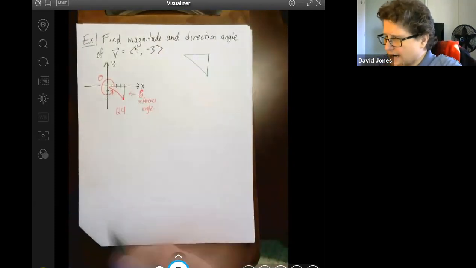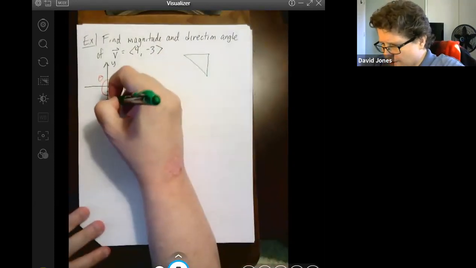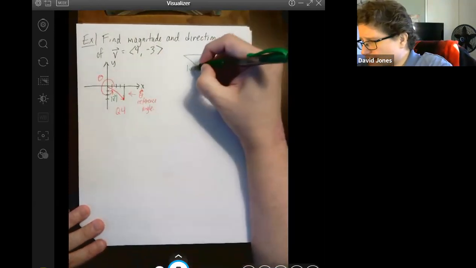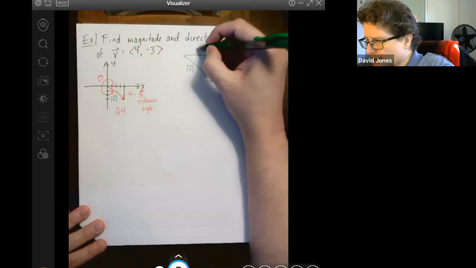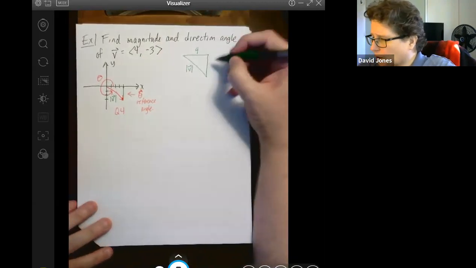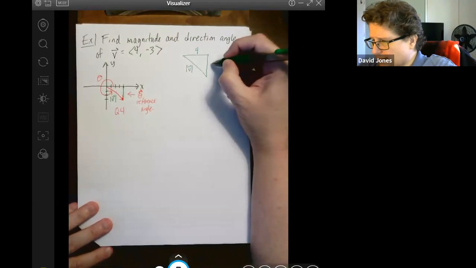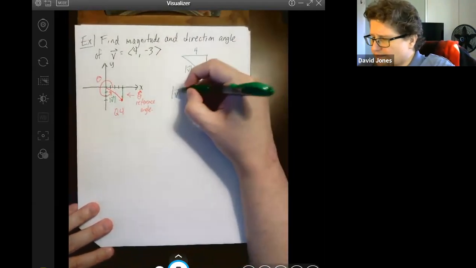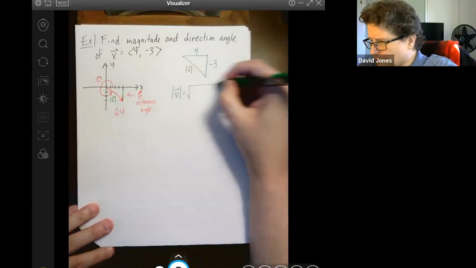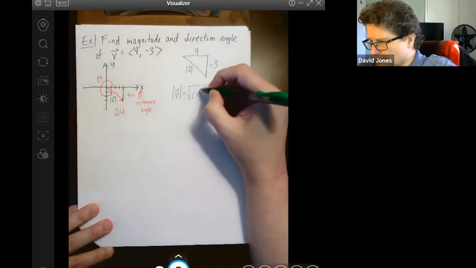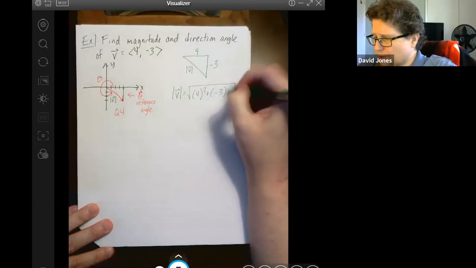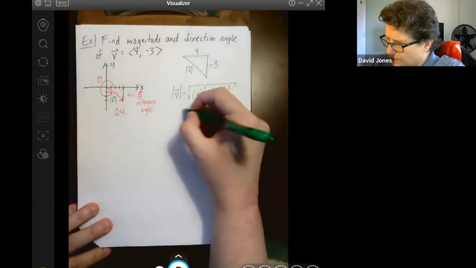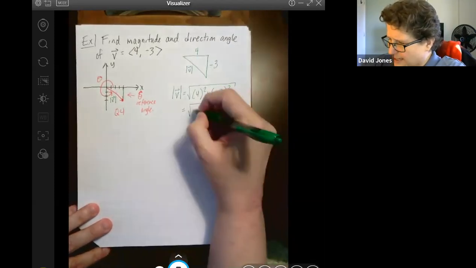This length right here is the magnitude of V. This length here, my x coordinate, is 4. The y coordinate was -3. So we've got the magnitude of V is the square root of 4 squared plus -3 squared, which is the square root of 16 plus 9.